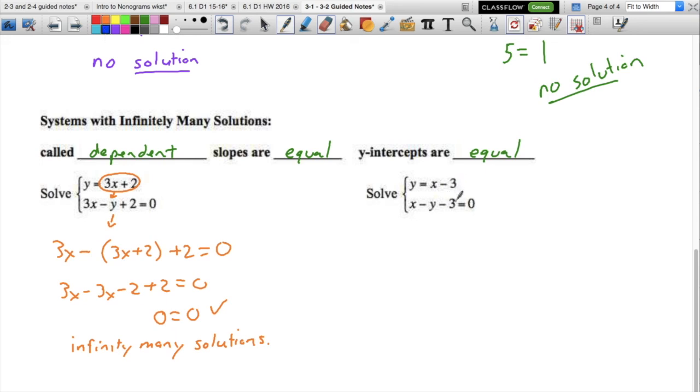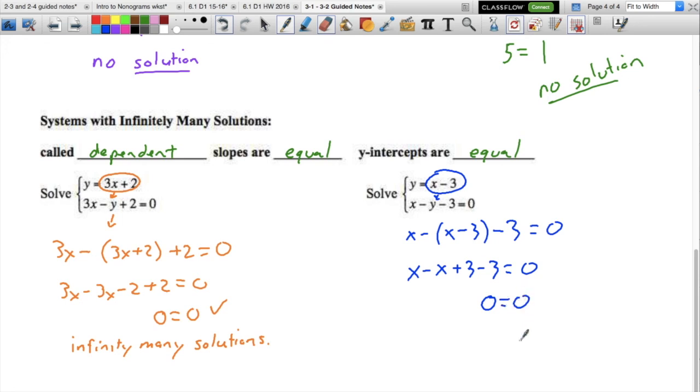Now look here, I'm going to try to do the same here. I'm going to say, well, if y equals x minus 3, we'll plug in for y. X minus 3, that's our y, minus 3 equals 0. X minus x is 0. Negative 3 minus 3. Oh, this is a negative negative, so that makes x minus x plus 3 minus 3 equals 0. Everything cancels.